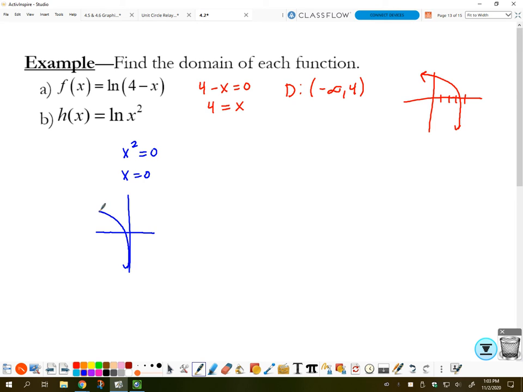It's going to make this picture and this picture, because whether I plug in a positive or a negative for this x, I'm going to square it and get the same answer. So negative 1 has the same as a positive 1, or a negative 2 for x is going to be the same as if I plug in a positive 2. It's both just take an ln of 4. So I get like 2 different pieces, and they should be symmetrical, but I can't tell. So our domain for this one is negative infinity to 0, and then hop over and do 0 to infinity.